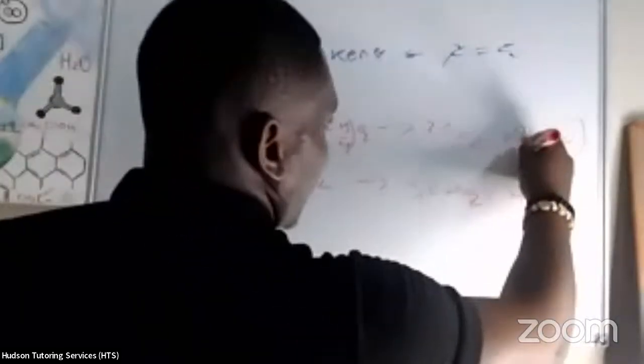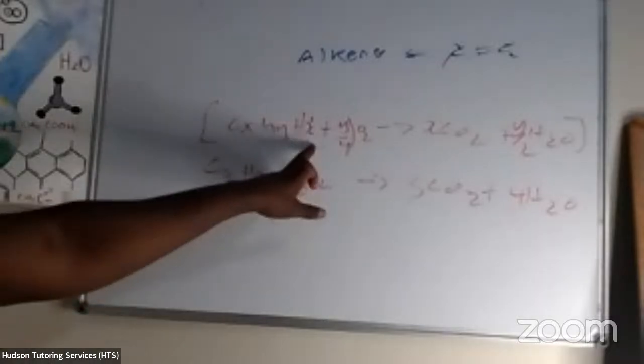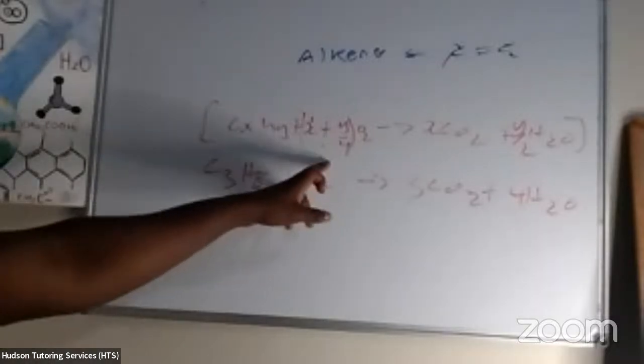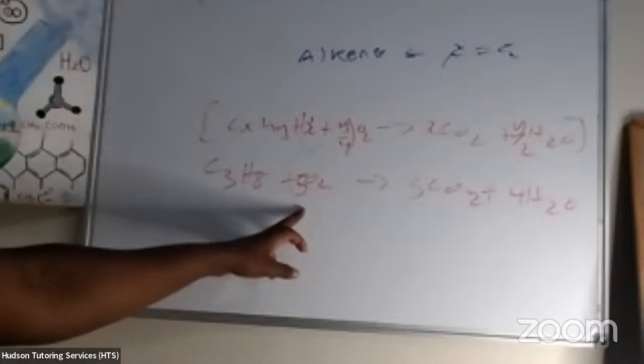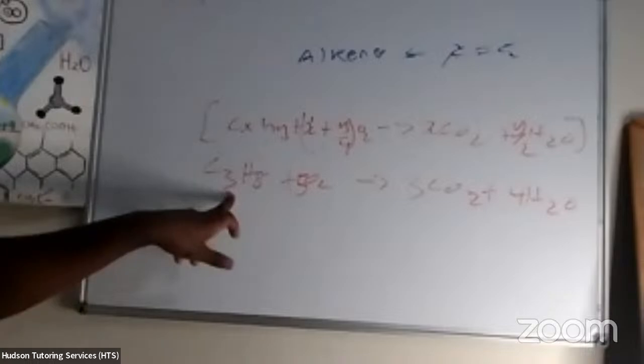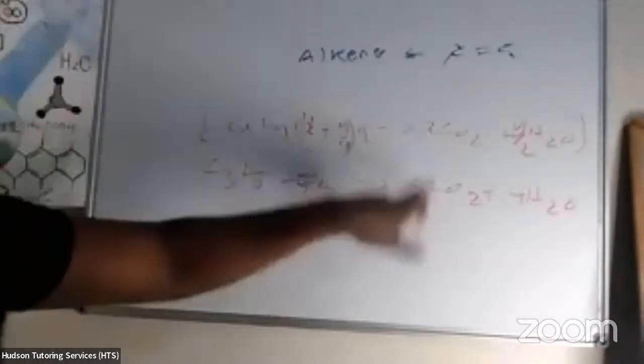So as you can see, if x is 3, it will be 3 plus y over 4. 8 over 4 is 2, 3 plus 2 is 5. That's why I get the 5. X here is 3, so it's 3 CO2, x CO2.